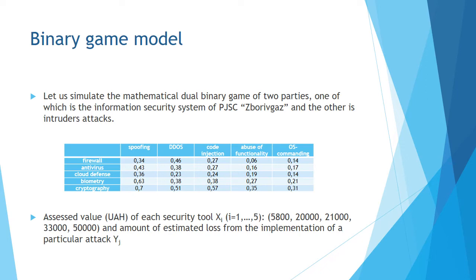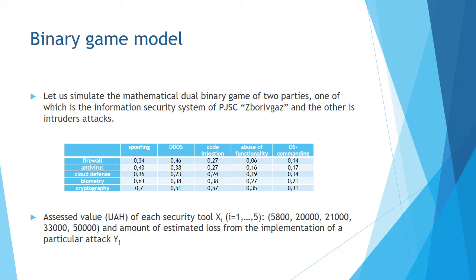In columns we can see the types of attacks. There are spoofing, distributed denial of service attack, code injection, abuse of functionality, and operating system commanding. In cells we can see the probability of these types of attack.